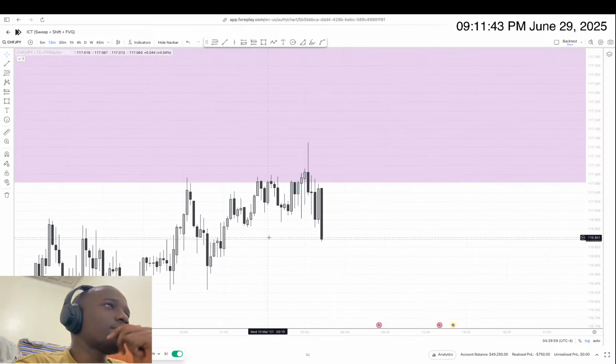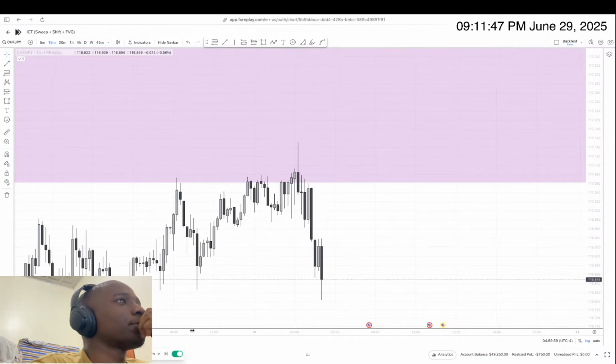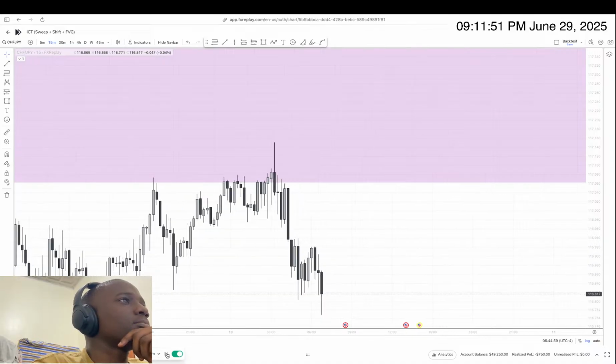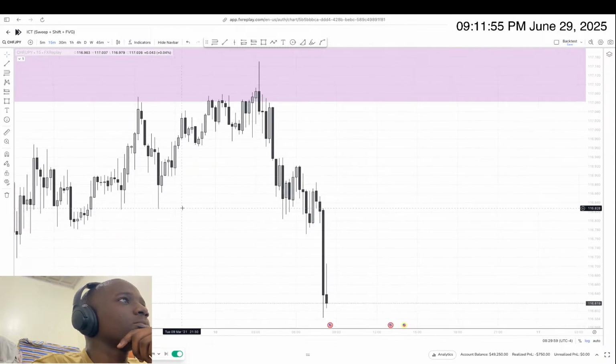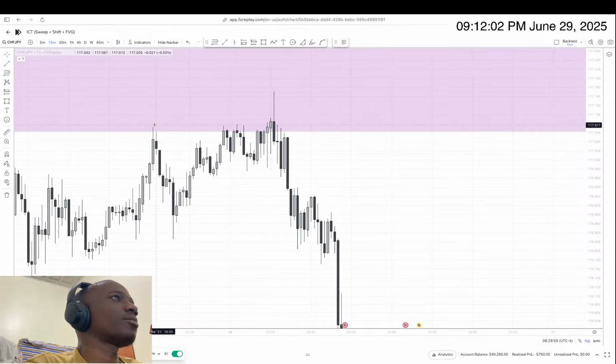Alright, and we get a crazy drop. Shift is a shift. We will drop as we wanted, because we have obviously the sweep here.